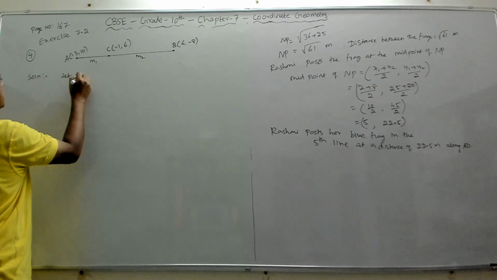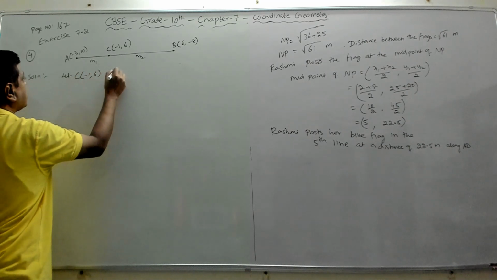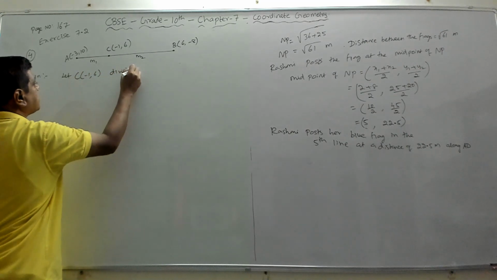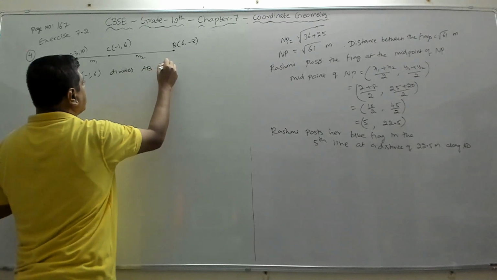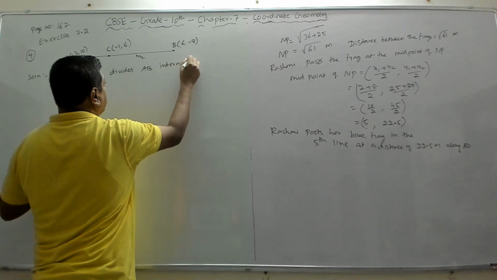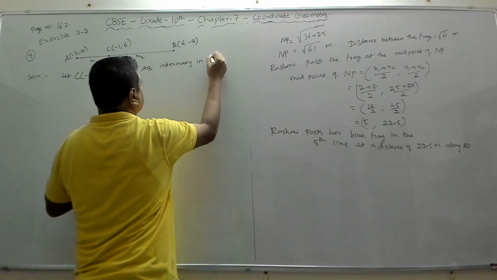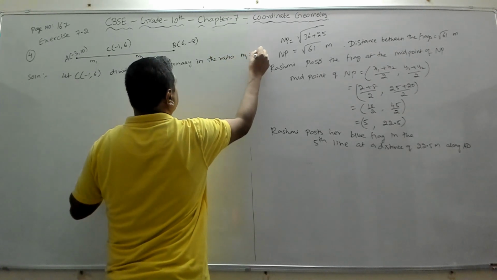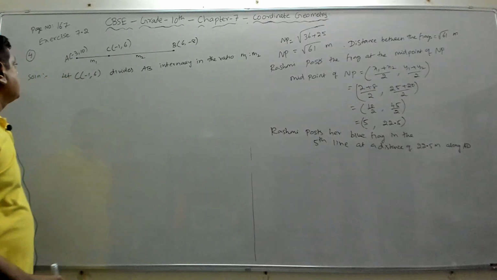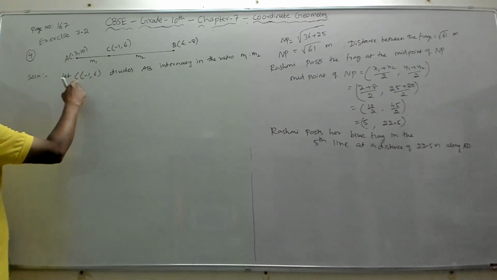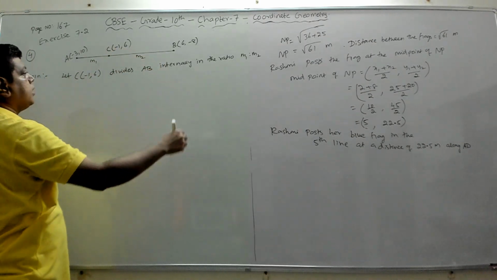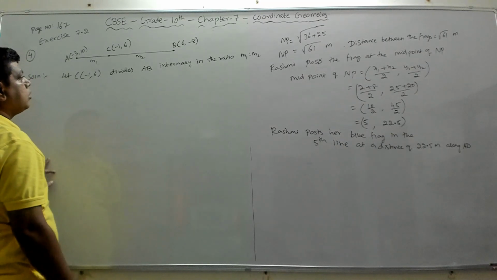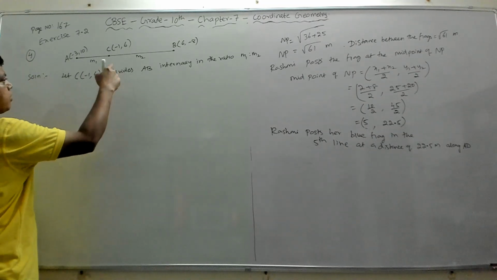Let C of -1, 6 divide AB internally in the ratio m1 is to m2. Now we need to find the value of m1 by m2.